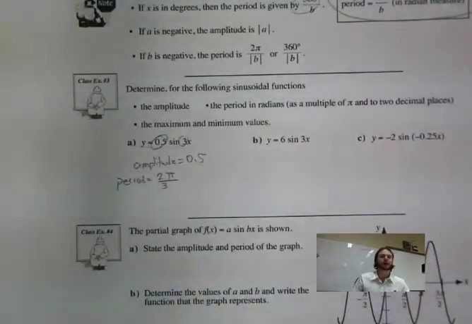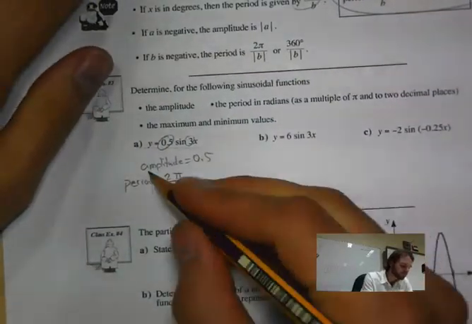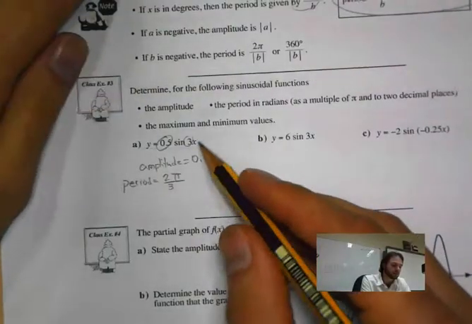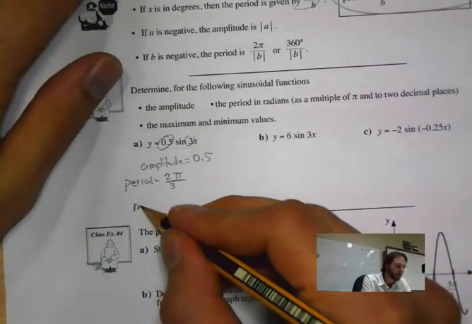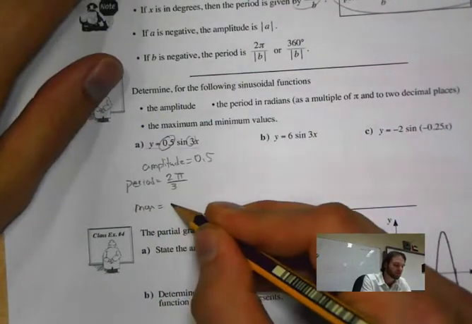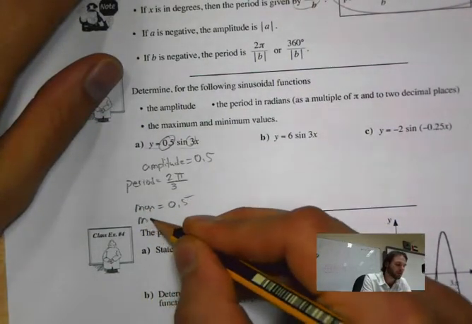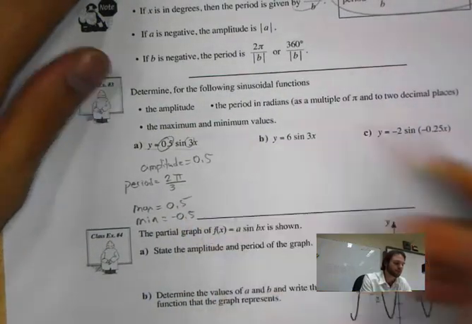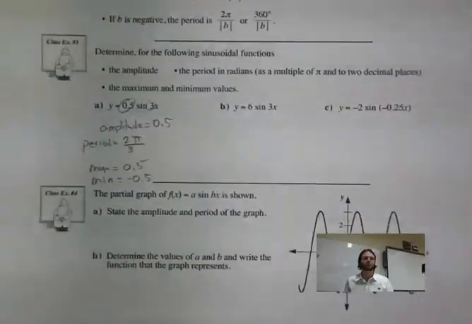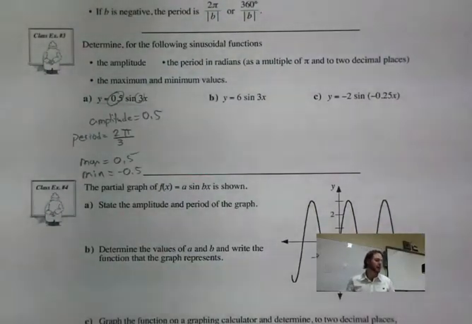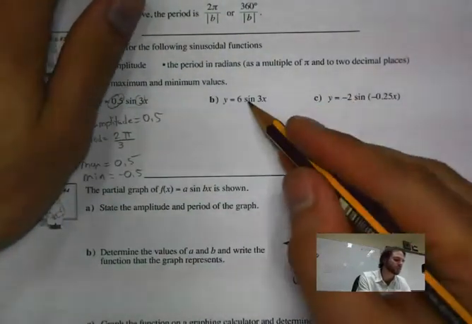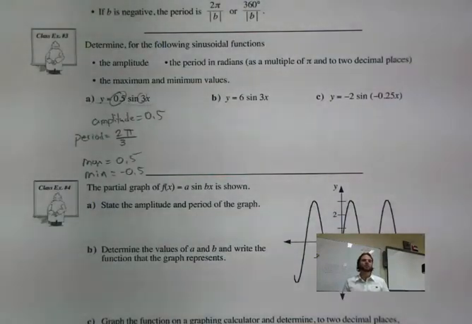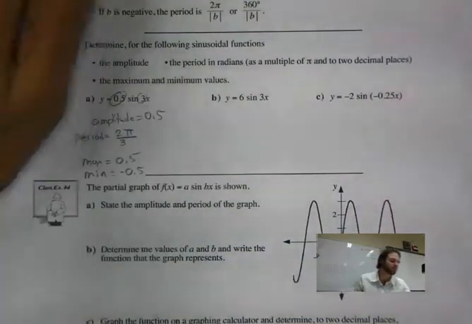Now let's take a look at my max and min. My max is equal to 0.5, and my min value is equal to negative 0.5. Let's take a look at the next one. Here we have y is equal to 6 sine 3x. Again we want to find the amplitude.